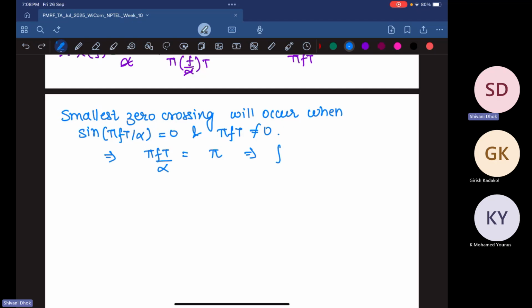So this pi gets cancelled, which means that f is equal to alpha by T. Okay, now this alpha is a positive quantity, as we have already seen.